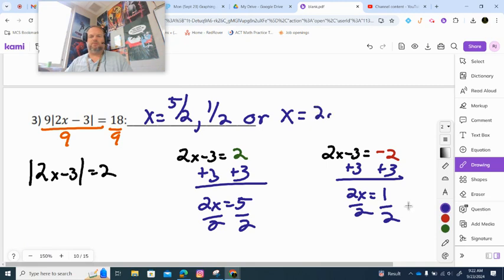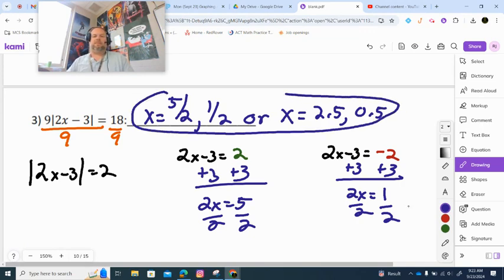What is that? 2.5, 0.5. All right. I guess more people expected to get fractions and decimals this time because I didn't have people ask, "Can you get fractions and decimals?"